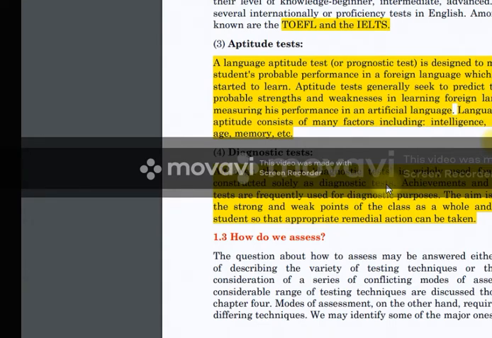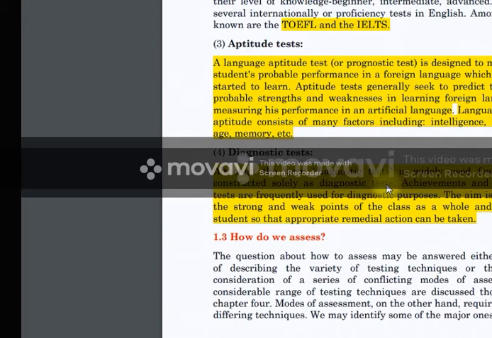That reflect his current intelligence level in English language, his motivation level to learn English language, as well as his age and his ability in recalling information, which is memory.